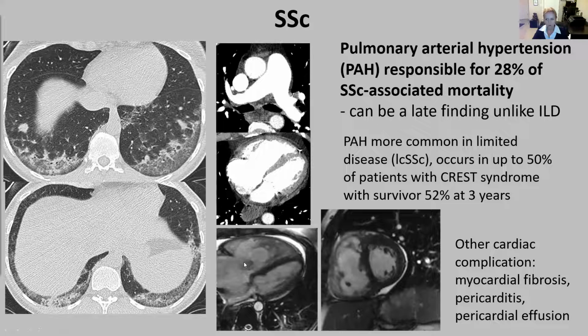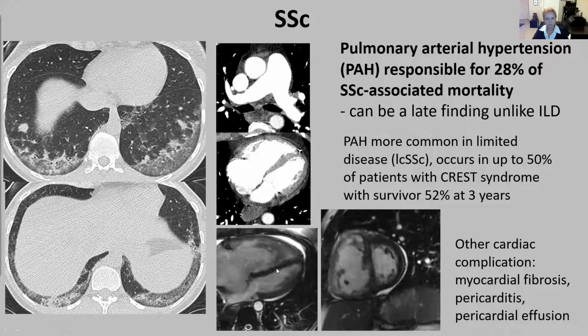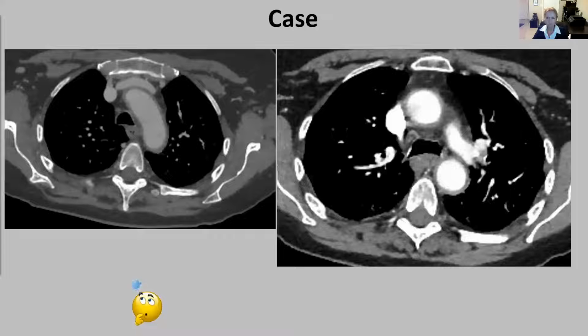These images show a patient with small pericardial effusion and findings suggestive of very severe pulmonary hypertension. This is another case of a patient who was evaluated for a different indication, and incidentally, this finding was noted.